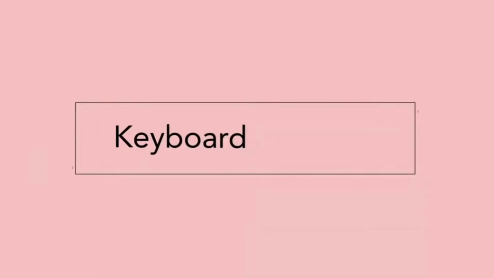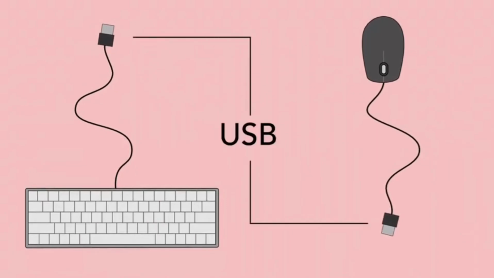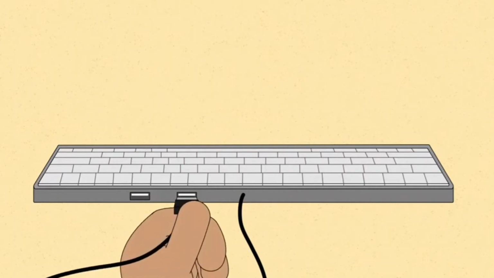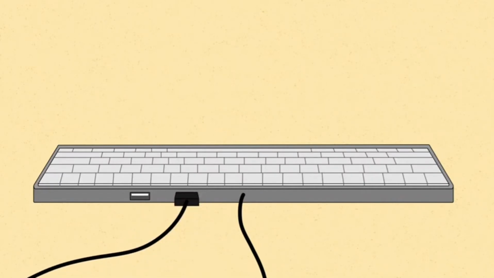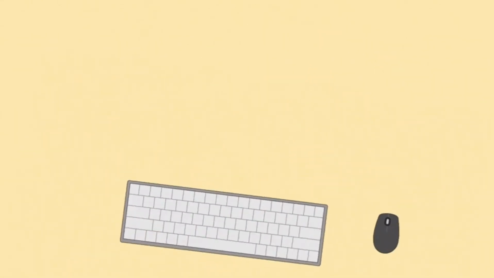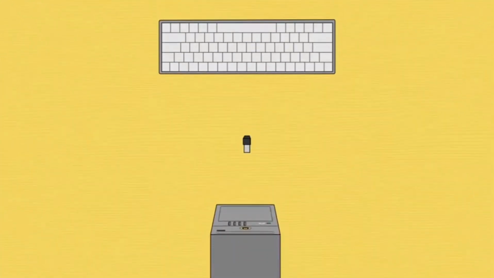Now it's time to plug in your keyboard and mouse. If they're wired, they most likely have a USB connector, so you can use any of the ports you see here. You could also plug your mouse into the USB port on your keyboard if it has one. If you have a wireless mouse or keyboard, it's going to work a little differently. Some wireless devices connect using technology that's built into your computer, while others need an adapter.